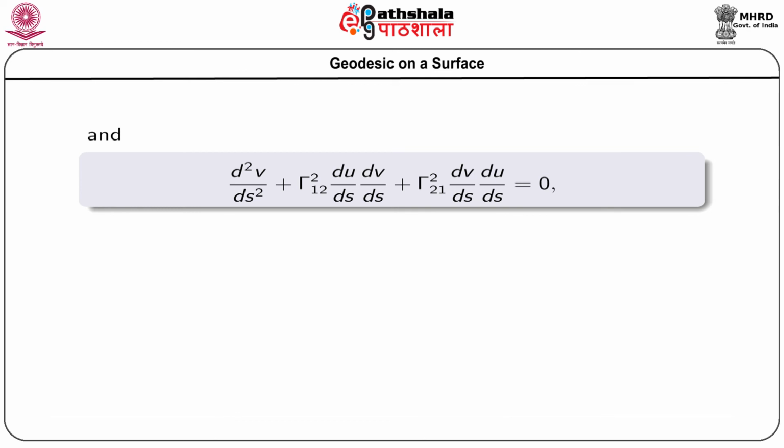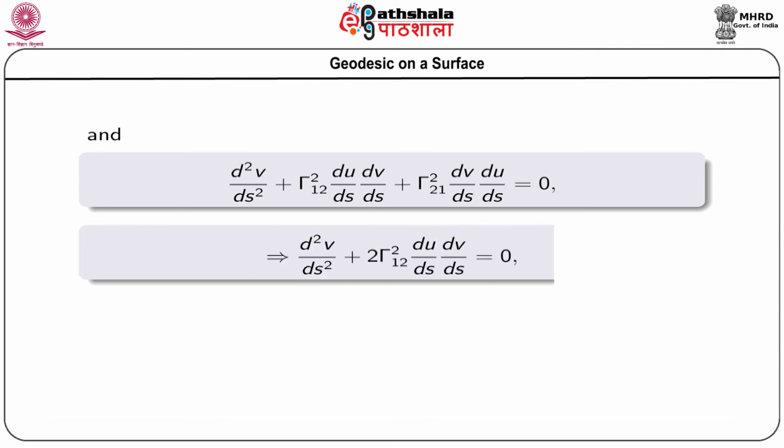And the second equation is coming to this form: d²v/ds² plus Γ_12,2 du/ds dv/ds plus Γ_21,2 dv/ds du/ds equals 0. That means, d²v/ds² plus 2 Γ_12,2 du/ds dv/ds equal to 0.